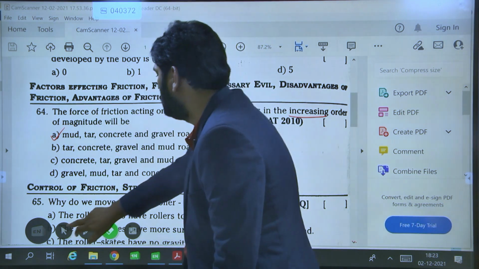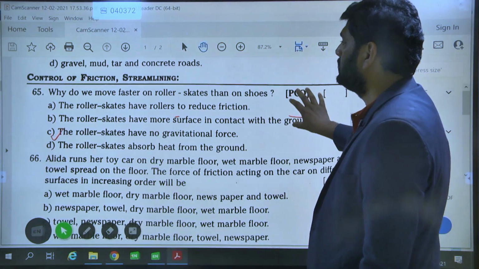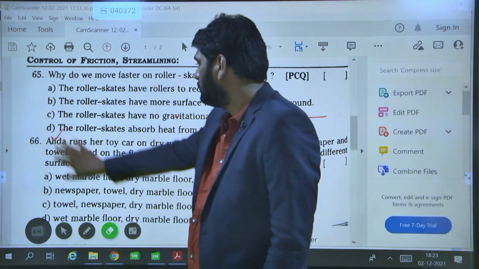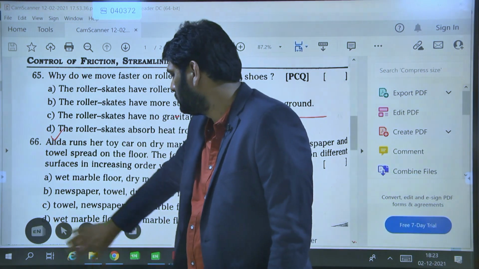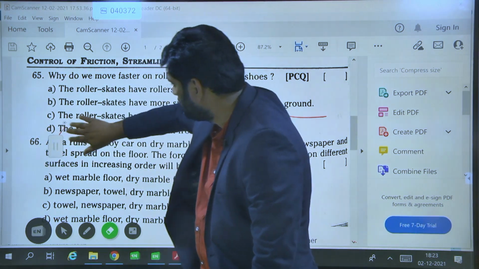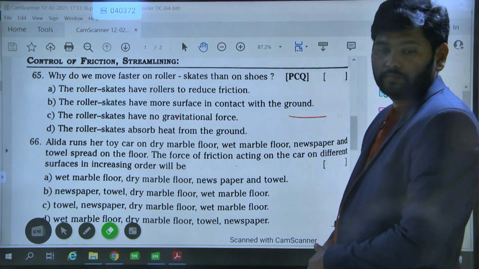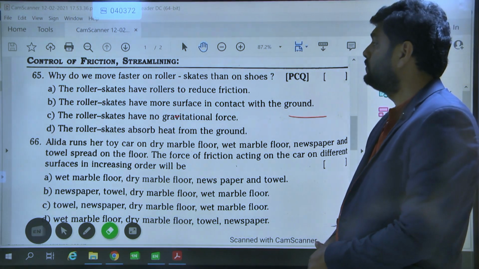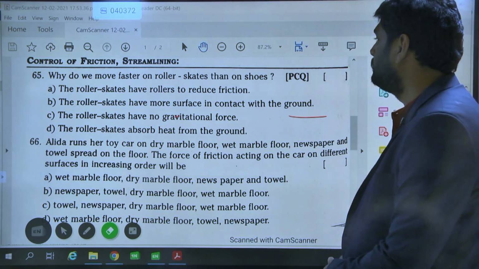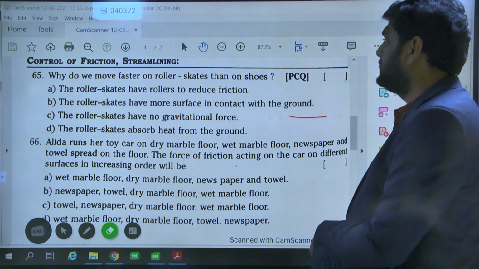Next, let's go for the other question. Why do we move faster on roller skates than on shoes?